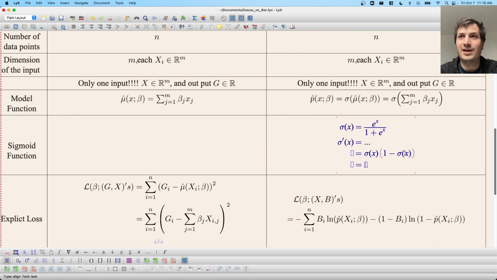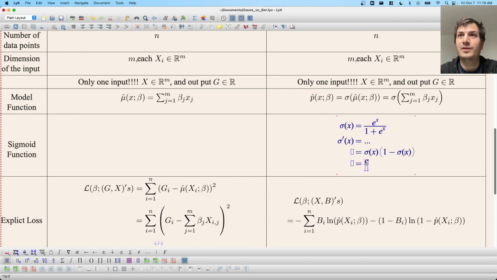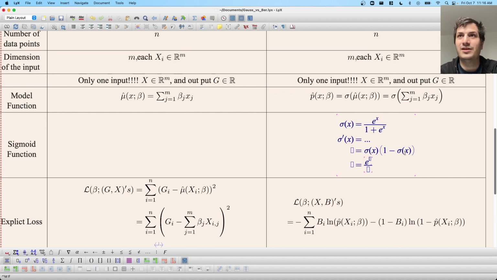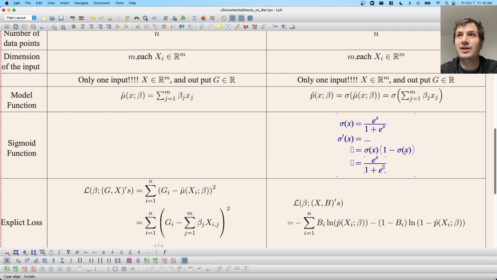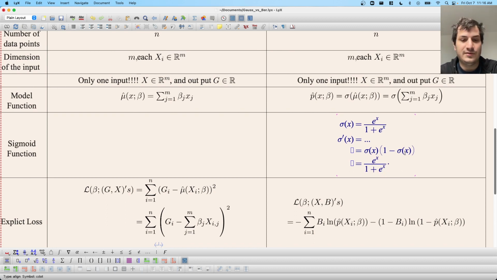So in other words, it can be written as e to the x over 1 plus e to the x. And 1 minus sigma of x is the sigmoid's evil twin, 1 over 1 plus e to the x, right? So you will eventually find, after you do the derivative and a bunch of cancellations, so it involves the fact that the e is nice, that this happens. And so this really is fundamentally the reason that the sigmoid function is so nice, is it has this nice formula for derivative. The derivative of the sigmoid is itself times 1 minus itself.